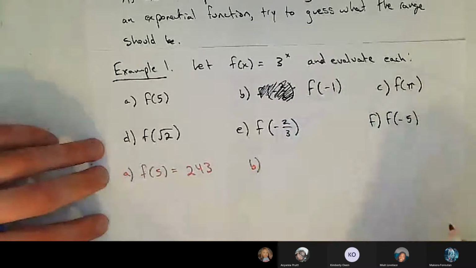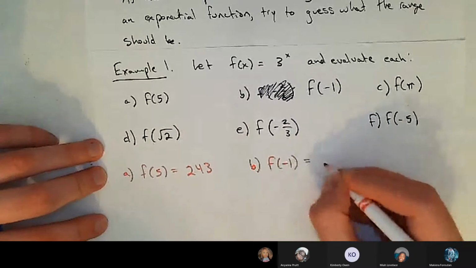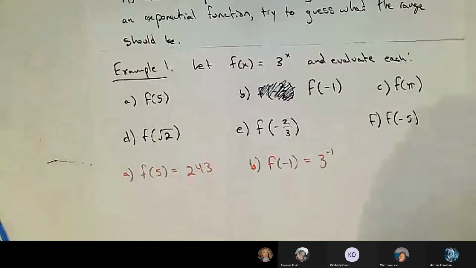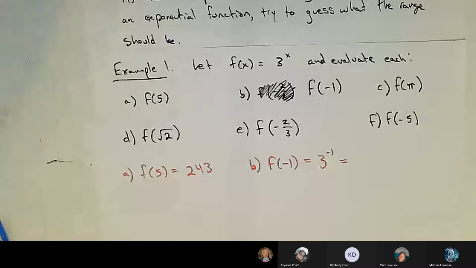All right, what about part B here? So I'm going to write this one out a little bit more carefully. F of -1 is 3 to the -1 by the definition of the function. But recall the exponent rule. Does anyone remember what the negative tells me to do with this 3? The negative in the exponent position?